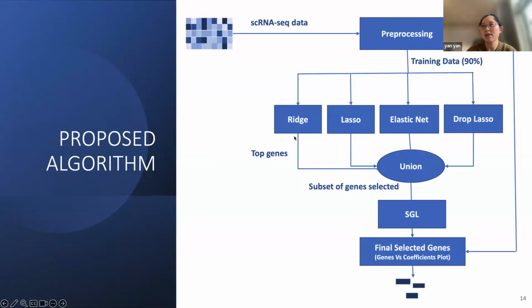We selected 4 penalized regression models here on the top, then select some top genes from their results and do a union. In that way, we narrow down the candidate genes. After that, we send the selected genes to the sparse group lasso, which performed pretty well in the previous analysis, and using that, we get the final list of genes.